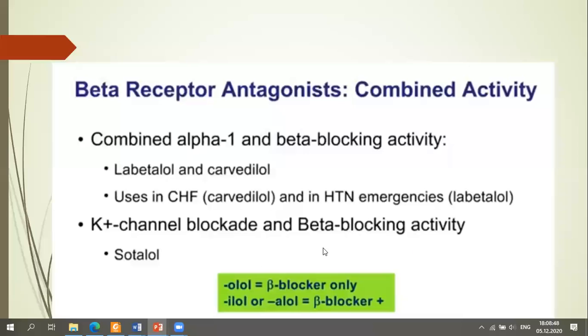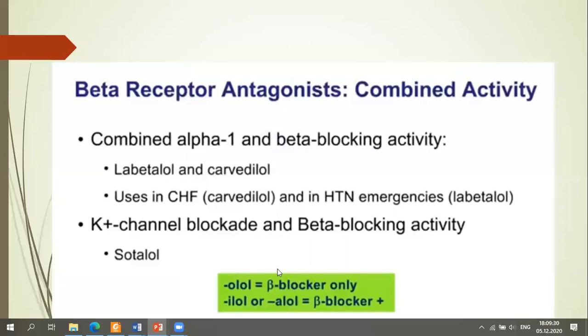Yes, there were some questions. Sir, we saw that most of the drugs ending with OLOL are beta blockers only. Is propranolol a beta blocker only?